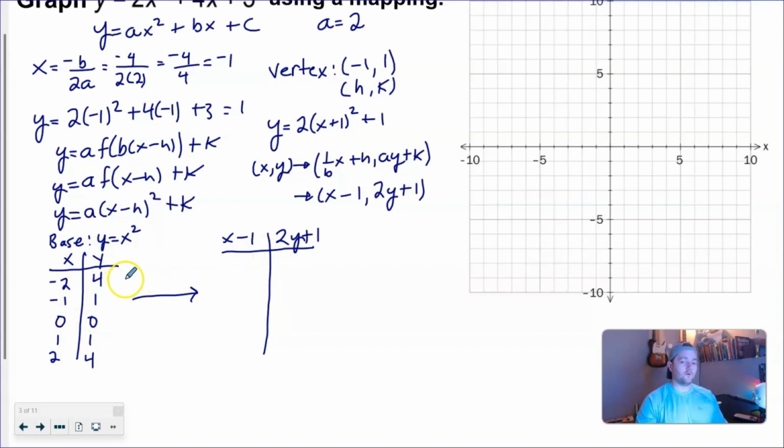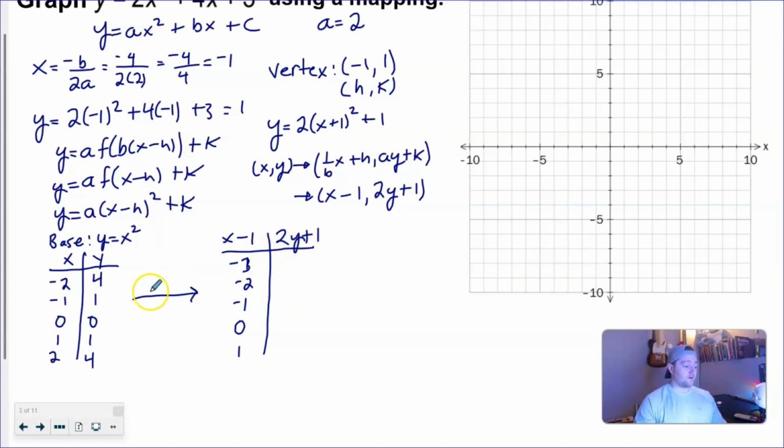So all we need to do is subtract 1 from each one of these x values. So it becomes -3, -2, -1, 0, and 1. Basically, the x values are shifted 1 to the left.